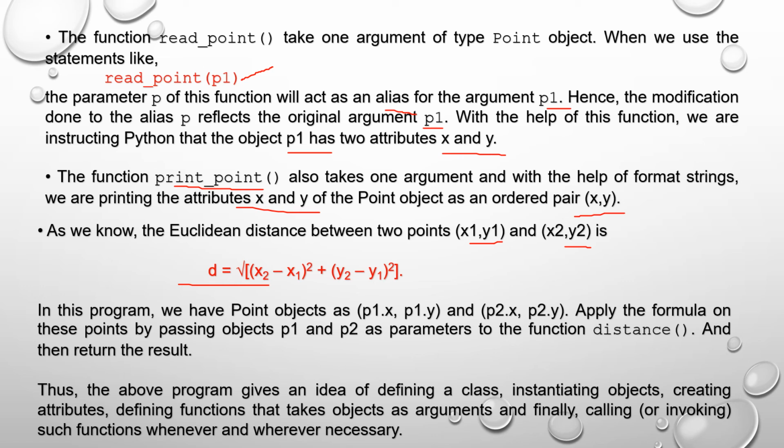Thus, the above program gives an idea of defining a class, instantiating objects, creating the attributes, defining functions that take objects as arguments, and finally calling or invoking such functions whenever and wherever necessary.